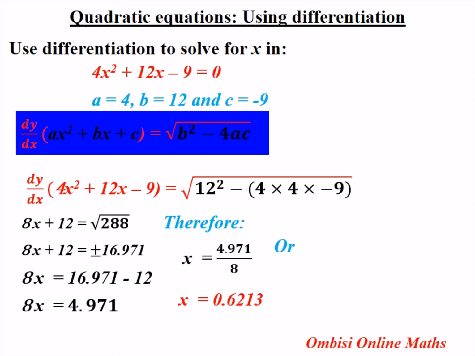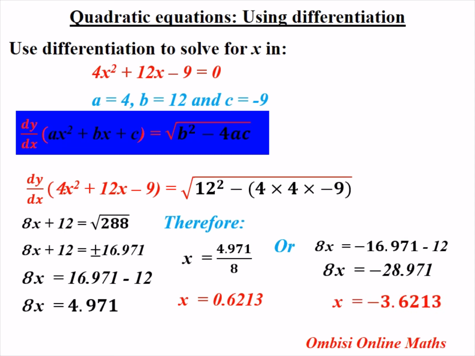Or find the value of x when the square root of the discriminant is negative. You find that 8x equals negative 16.971, from which you subtract 12. So this translates to 8x equals negative 28.971. Divide both sides by 8, and you get that x equals negative 3.6213.